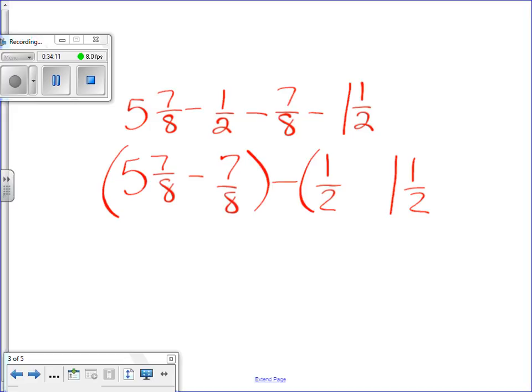I'm not subtracting them. I'm combining them. Because if I had $10 and I spent $2 and I spent $5, wouldn't I still get $3?